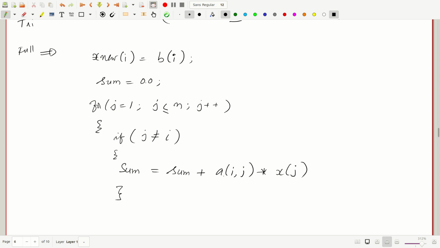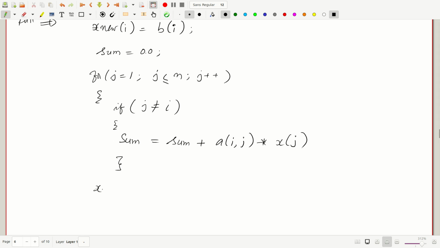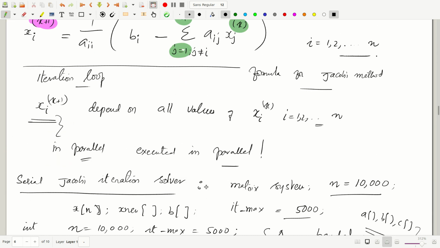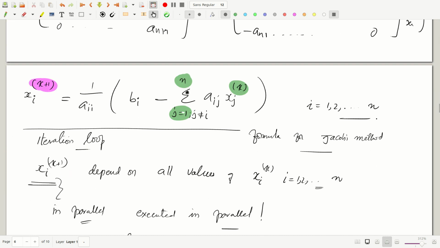Then once you have the sum, x new of i should be equal to x new, which already contains b, minus sum, divided by a of i. That's basically your formula with a minus of the sum, and b of i.